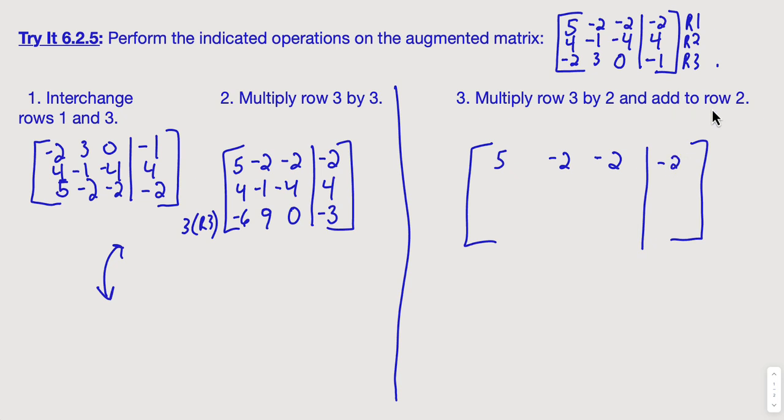Now it's row 2 that's going to change because it's add to row 2. It's that final operation. That's the row that's going to change. And just a reminder of what we're going to do. Multiply row 3 by 2. So 2 times row 3 plus our original row 2.